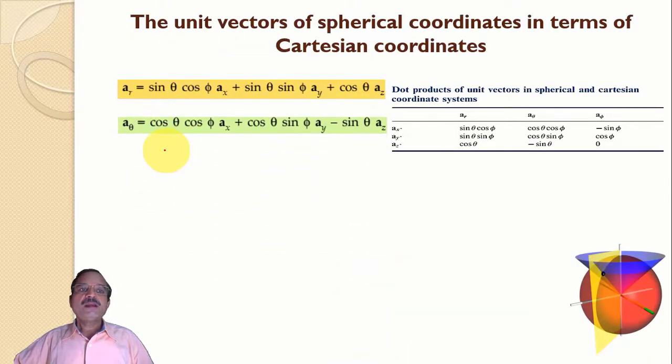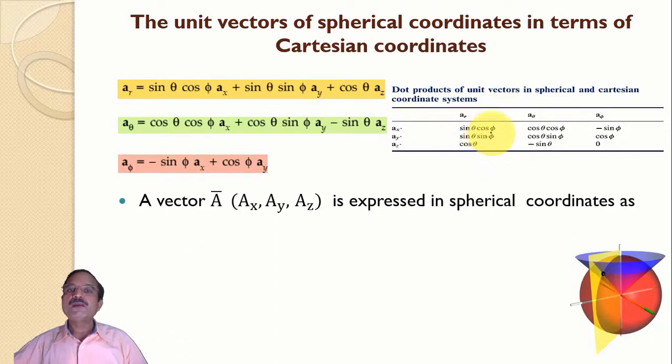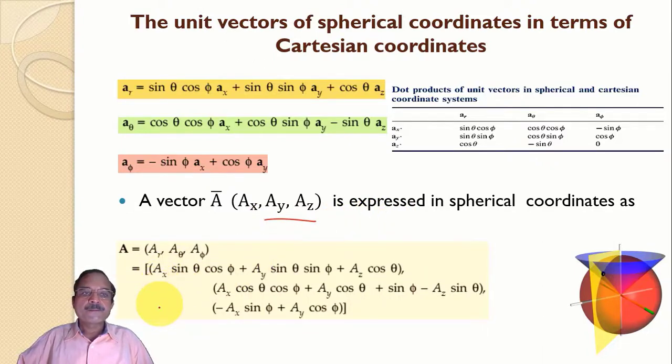In a similar manner, we can write AR, A theta, A phi in terms of the cylindrical components. The same thing is represented in the form of a table here. This table will be useful while converting coordinates from Cartesian to cylindrical or cylindrical to Cartesian. Using this relationship, a vector A in Cartesian coordinates can be expressed in spherical coordinates.